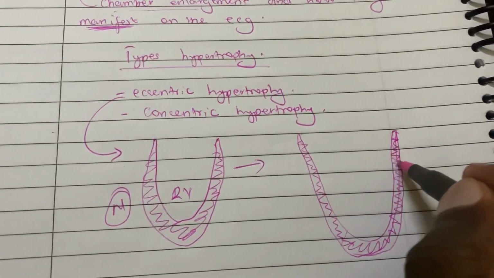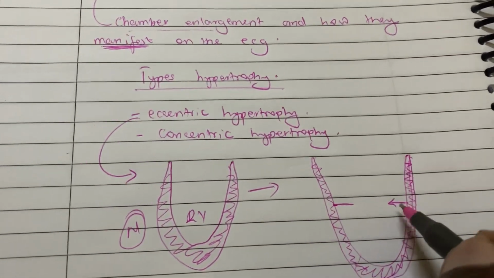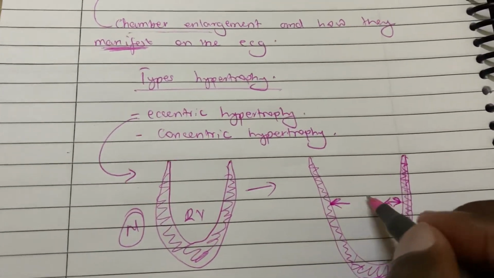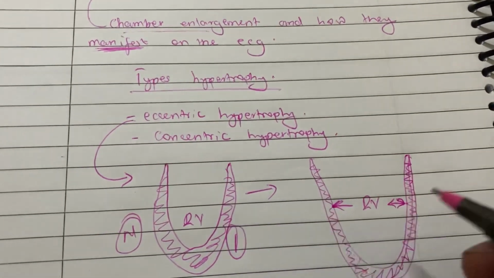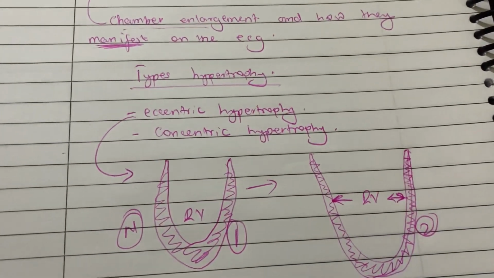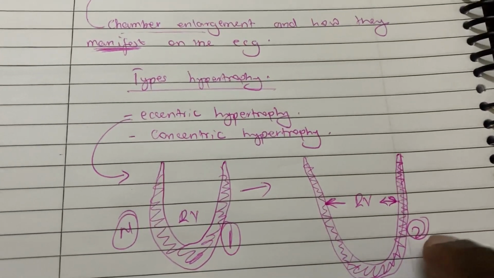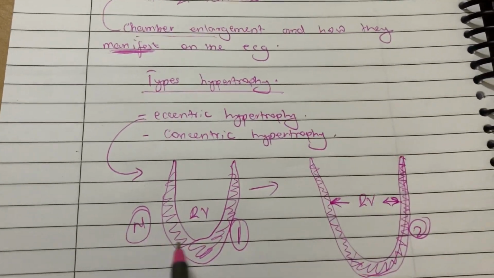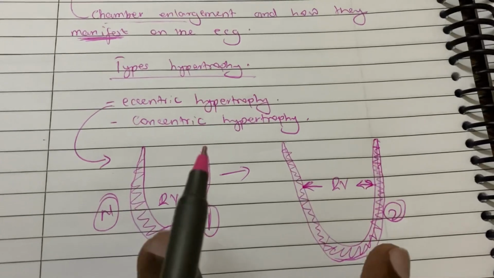So what is the difference? The difference is cavity size. The cavity in 2 is larger than the cavity in 1. So if it happens like this, it is eccentric hypertrophy.